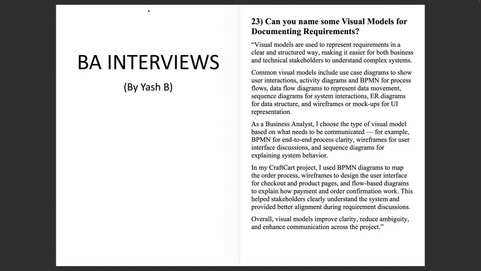Common visual models include use case diagrams to show user interactions, activity diagrams and BPMN for process flows, data flow diagrams to represent data movement, sequence diagrams for system interaction, ER diagrams for data structure, and wireframes or mockups for UI representation.